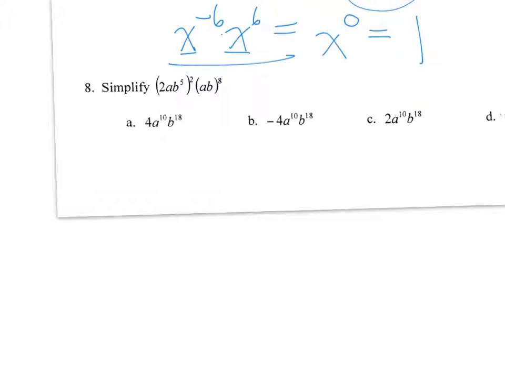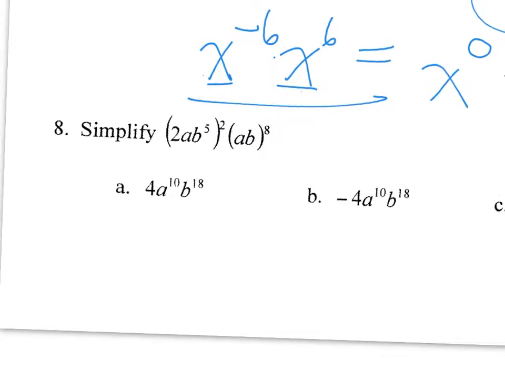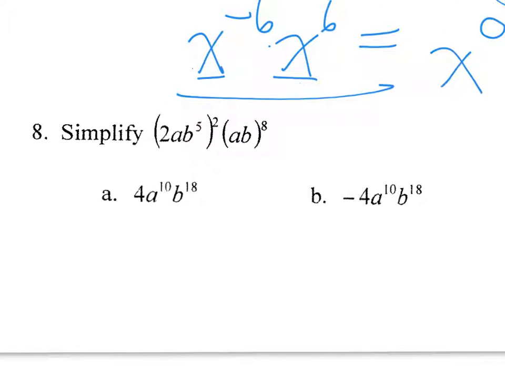Moving on. Whoa, buckets. Now, let's zoom in here. I'm going to deal with each parenthesis separately. It's all one problem, but I'm going to deal with this one in black and this one in red.